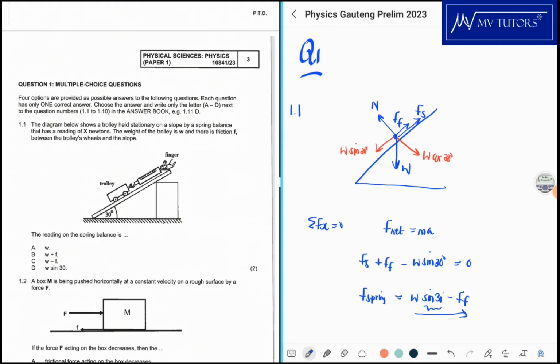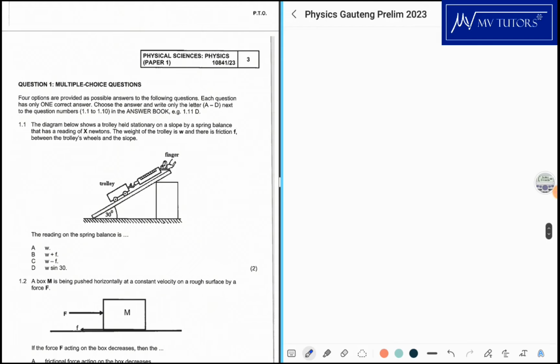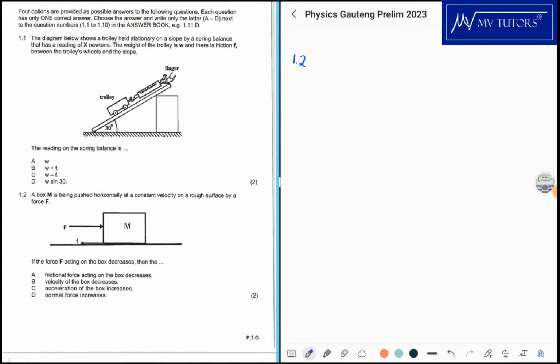Even C is incomplete. If I were writing, I would say C and then correct them and say, actually, it should be W sine theta minus the friction force, not just W by itself. So we'll go with C here. If you have opposing views, please do comment below.